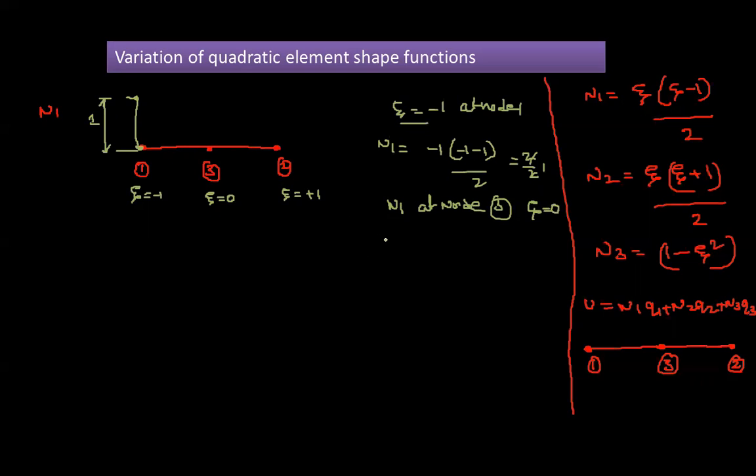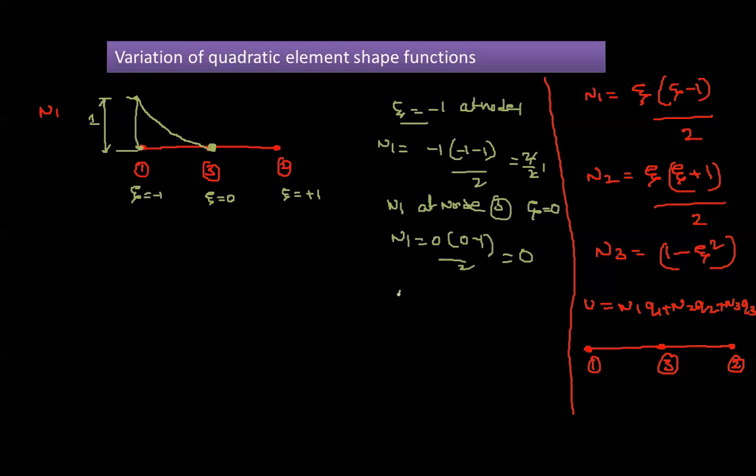If you put 0 in the N1 formula, N1 becomes 0 into (0 minus 1) by 2, which gives the value 0. So the shape function N1 becomes 0 at this point. Join this with a smooth curve, because it is a quadratic equation. It should not be a linear curve, it should be a smooth curve. Let us join these two.